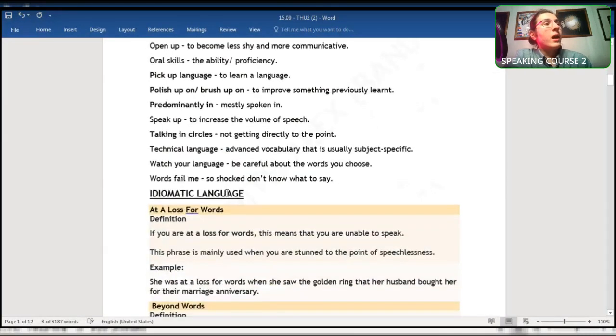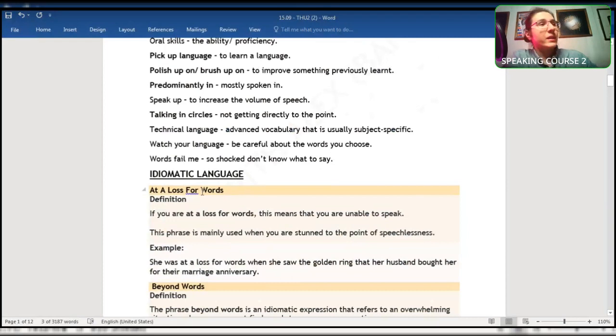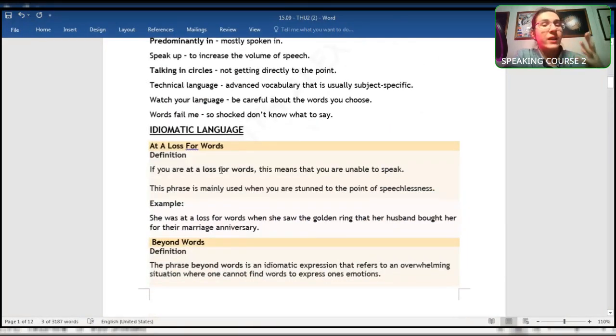Let's continue. Today, we have some more idiomatic language and some different kinds of idiomatic phrases that you could be learning, or actually should be learning, in order to increase your idiomatic language. If you remember, as always, if you look at the band descriptors, you will see that idiomatic language is a requirement.